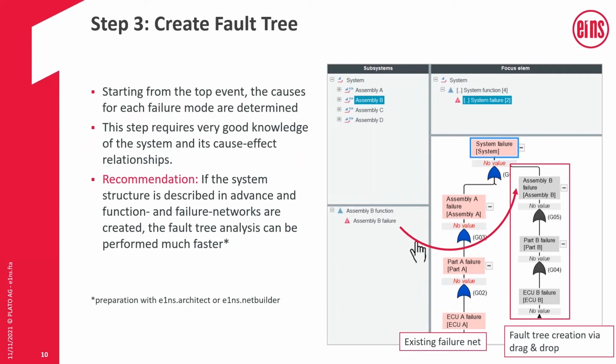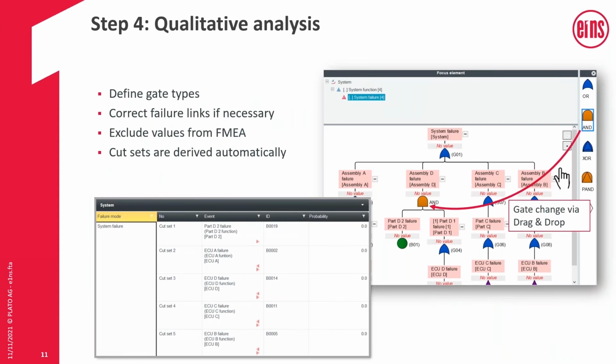So the main difference between FMEA network and fault tree is the fact that the network only knows all links between the failure modes. So the FMEA only knows all links between failures and causes, while the fault tree, of course, knows different combinations in the failure levels.